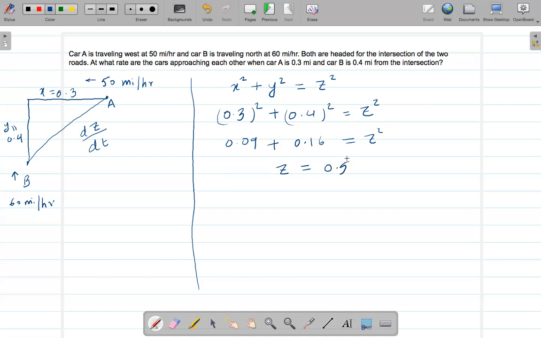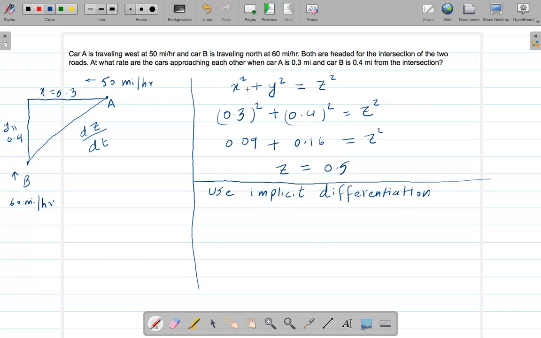Now after this, again we use implicit differentiation in terms of t, just like we did in the last problem.